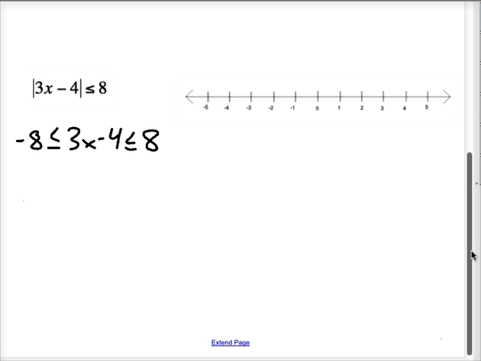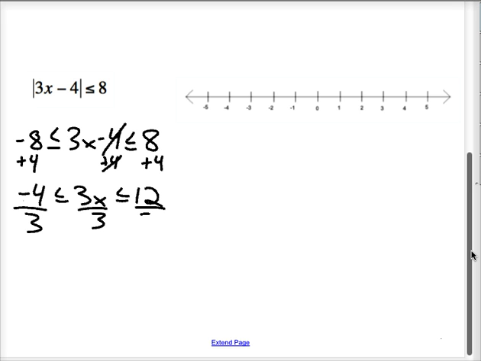And now I just have to go through the steps to get the x by itself in the middle. So when I add 4, I have to add 4 everywhere. When I divide by 3, I divide by 3 everywhere.